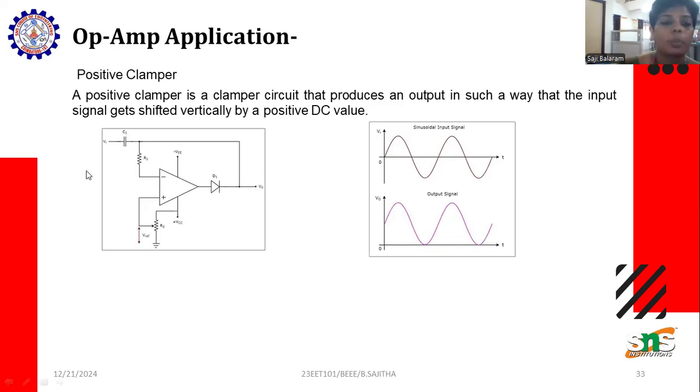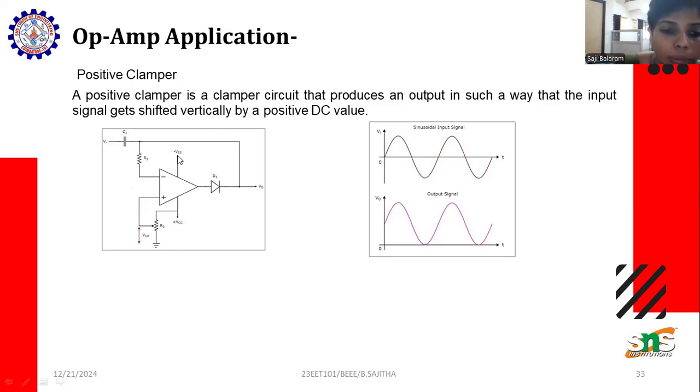There is an input voltage V and a capacitor C is added here, and a resistance R1 is added to this negative terminal. In the positive side, there is a reference voltage which is being given here, and the resistance R2 is connected to this reference voltage.